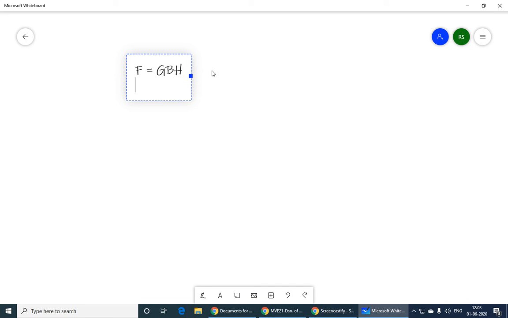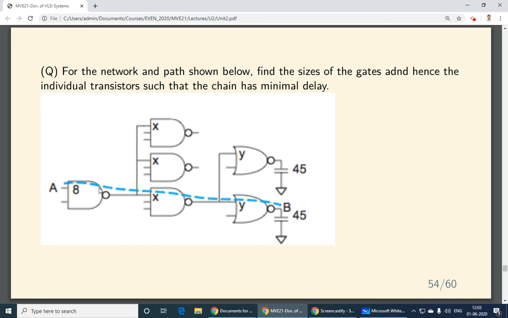Okay, so start with capital G, go back to the circuit. This is my path. What are the gates in my path? A 2 input NAND gate, 3 input NAND gate, 2 input NOR gate.